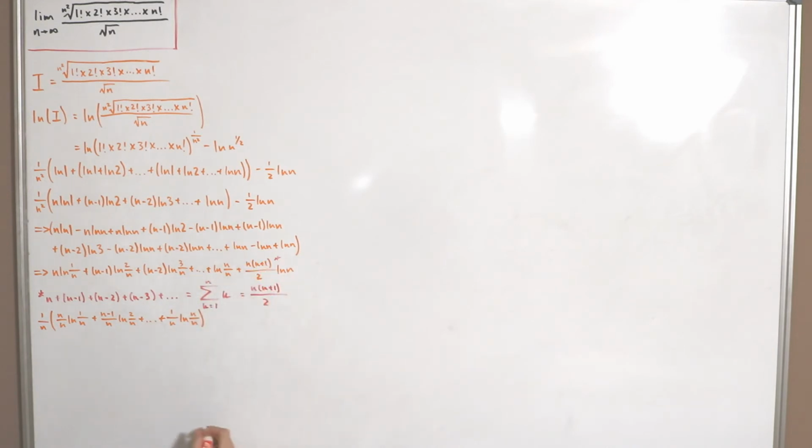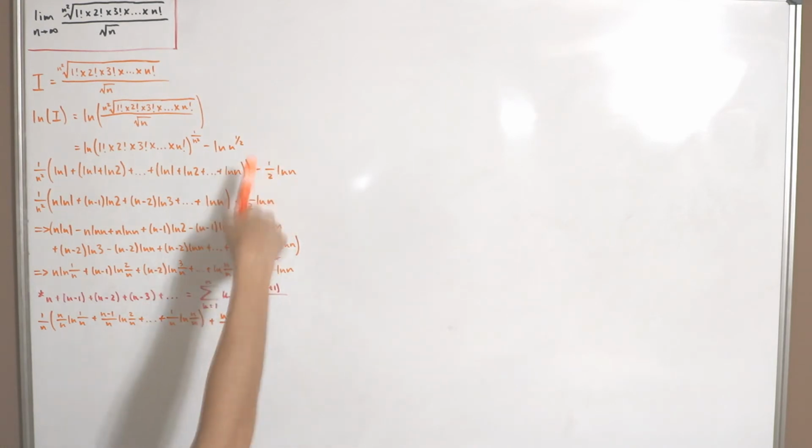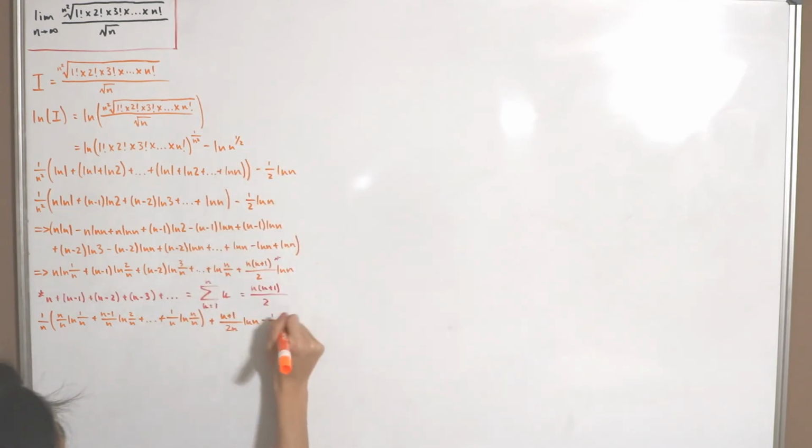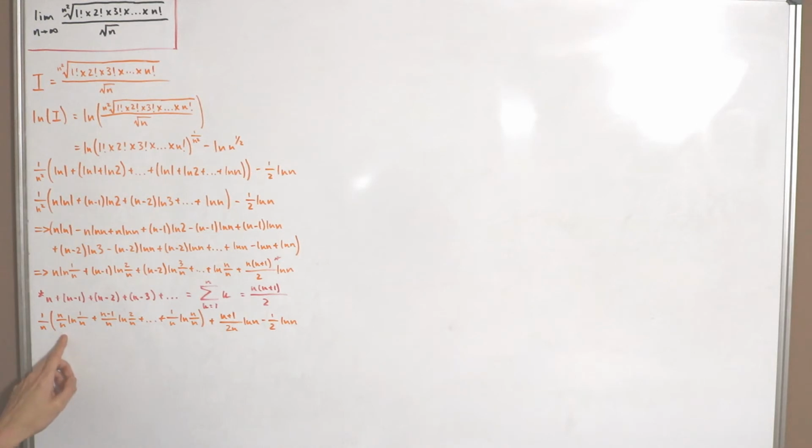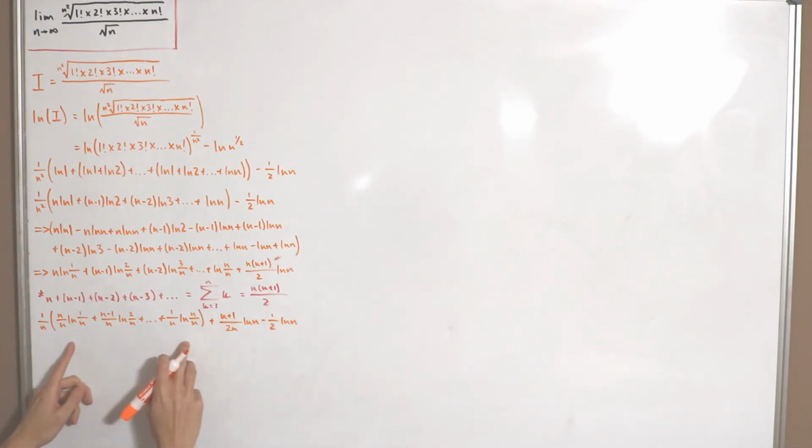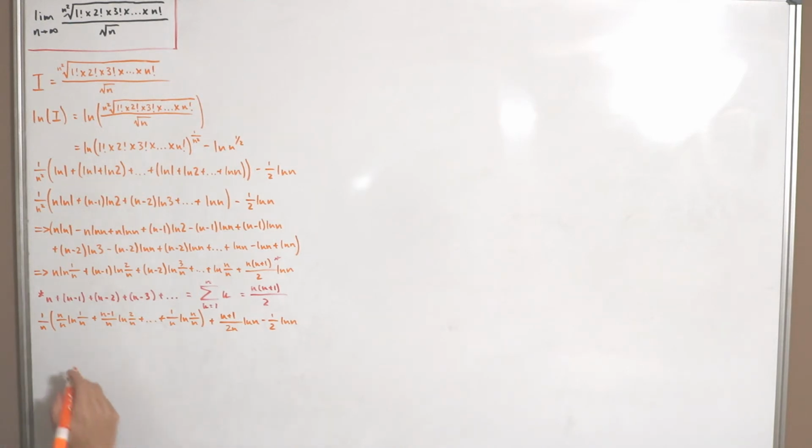What that gives us is plus n plus 1 divided by 2n, multiplied with ln of n, and then going back to subtract minus 1/2 ln of n. Why I factored out a 1 over n after distributing the 1 over n squared is that the inside expression forms a nice little partial sum.